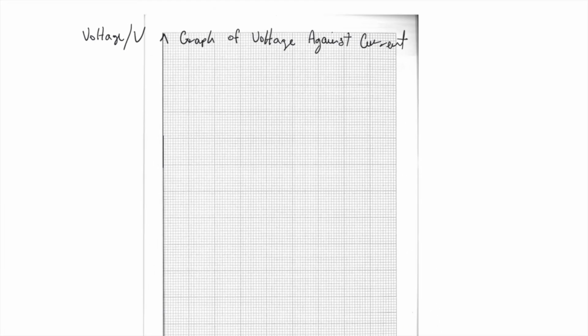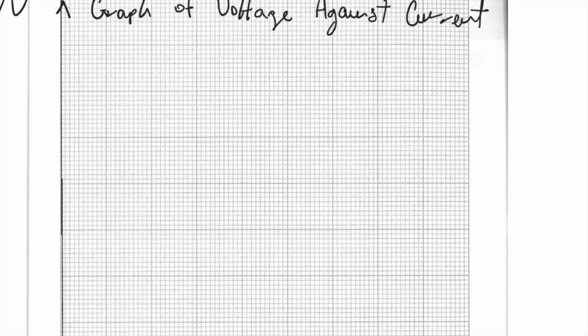When we're labeling, we make sure to state our title. So we have graph of voltage against current. I make sure and label this axis, so I have voltage slash V. I have down here current slash amp, and I'm going to write in my scale that we just figured out.